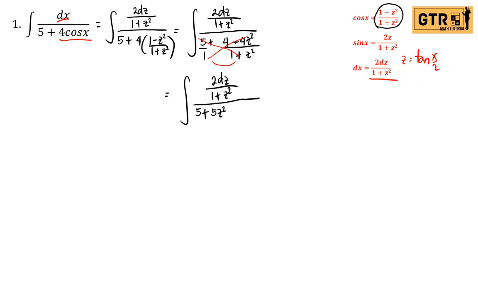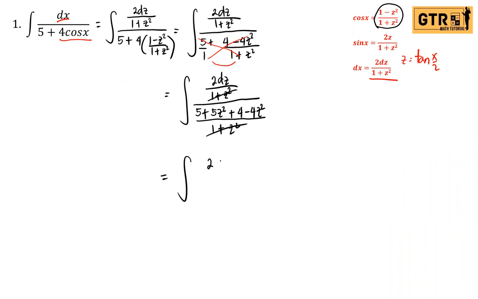Then just copy 4 minus 4z squared because it is multiplied by 1. So we have plus 4 minus 4z squared all over 1 plus z squared times 1. So it's still 1 plus z squared. So as you can see, we both have 1 plus z squared in the denominator. So, shortcut, we just simply cancel this 1 plus z squared and then simplify the denominator.